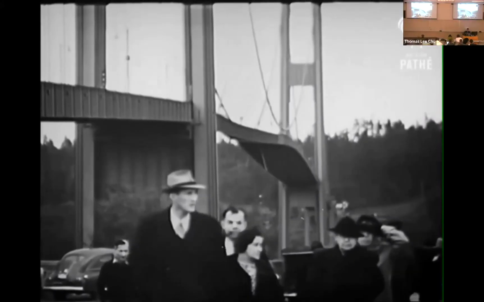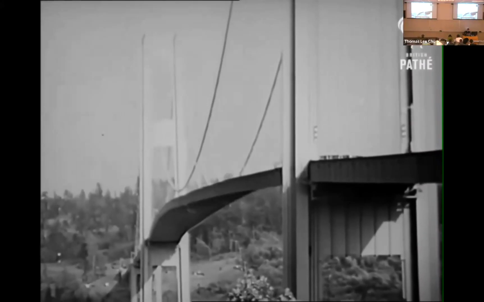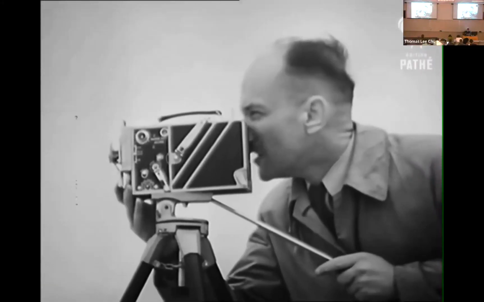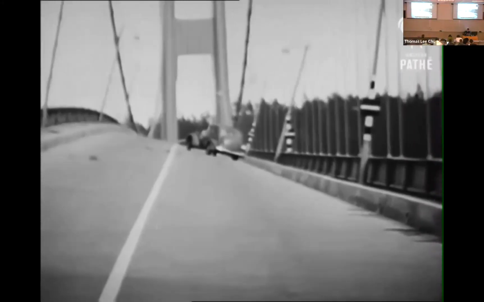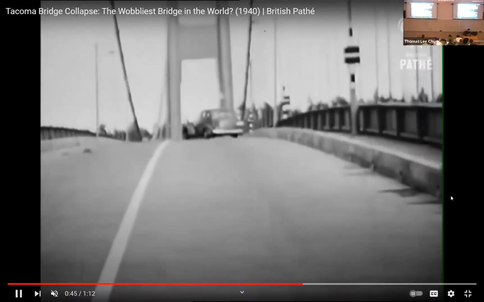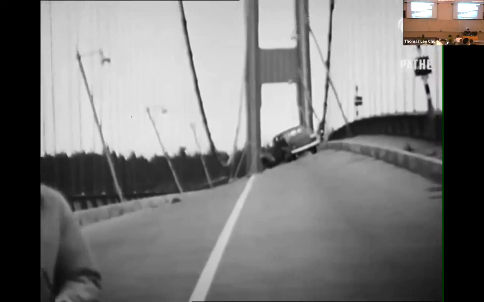So the wind is adding more energy than is being dissipated. So it starts this oscillation and it kind of grows unbounded until catastrophic failure. And this is an example of something that is unstable because you're not able to dissipate that energy entering the system. So eventually the bridge collapses.